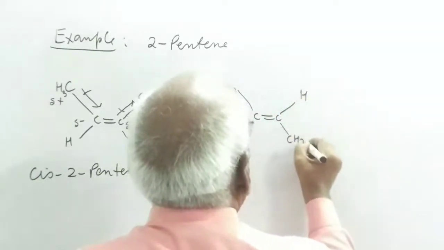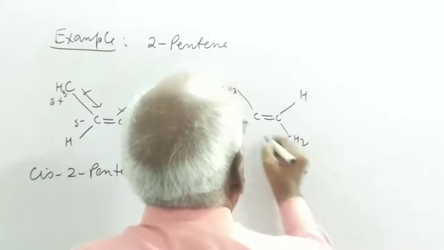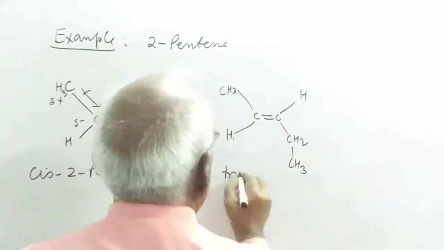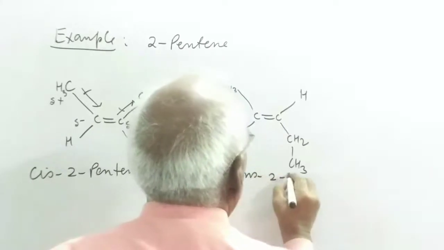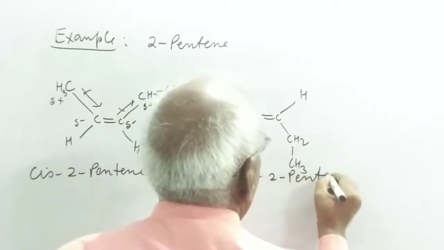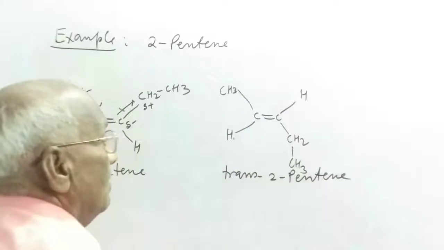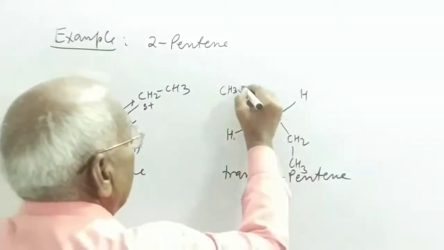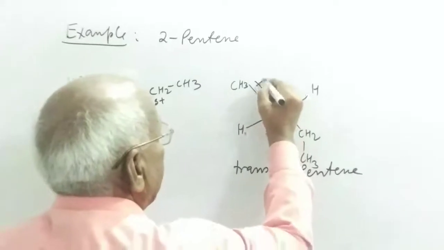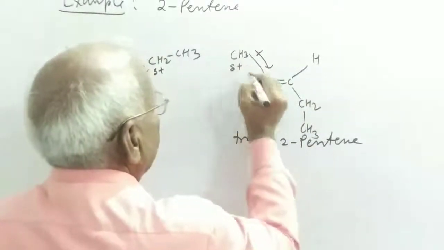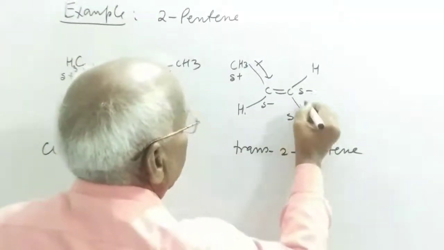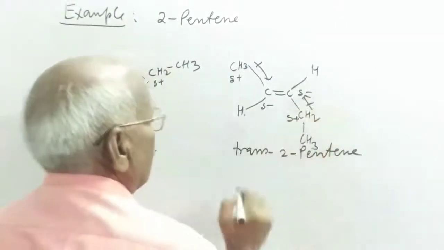In this case, it is like that. This is CH2, CH3, and so this is trans-2-pentene. Its dipole moment is not exactly cancelled. Slight positive, slight negative, slight positive. Its dipole moment is not completely cancelled.